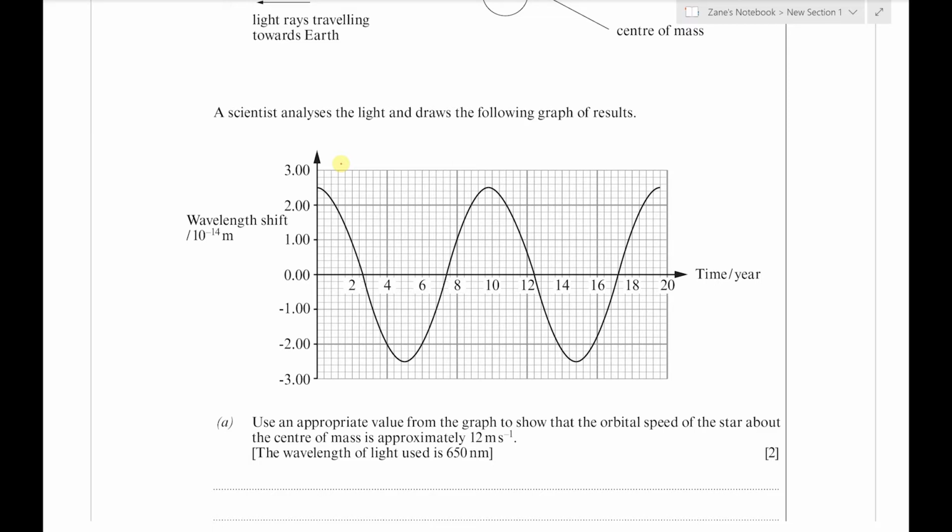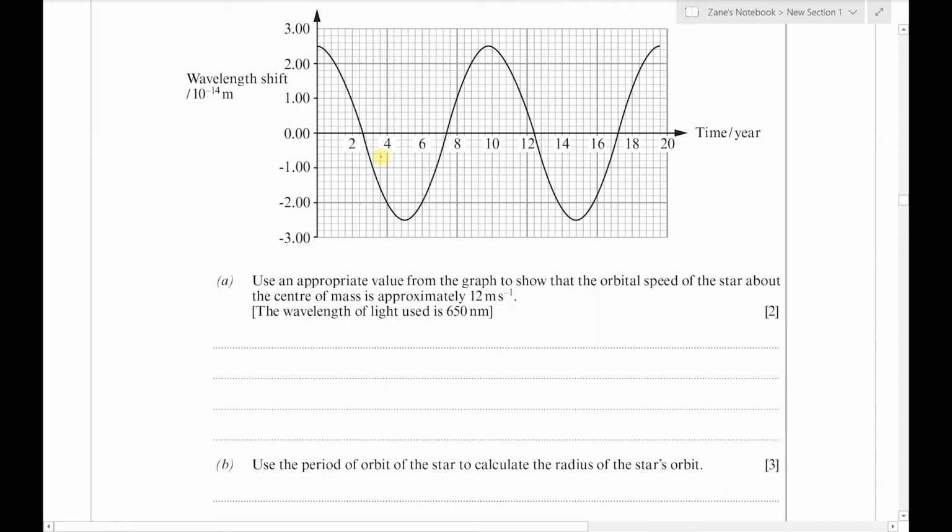Now we're going to use an appropriate value from the graph to show that the orbital speed of the star about the centre of mass is approximately 12 meters per second. So what we're going to use here is the Doppler shift formula. Delta lambda over lambda is v over c. So v is delta lambda over lambda times c. So let's put in values.